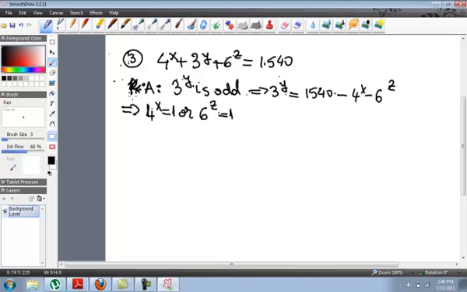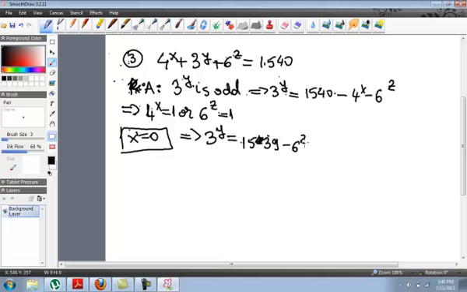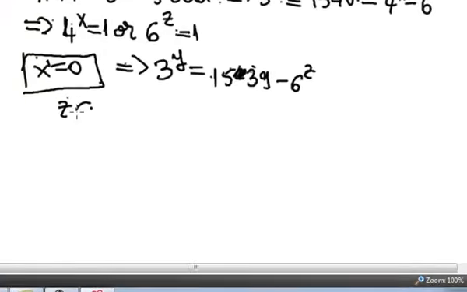We suppose that x equals 1, first case. In this case, we deduce that 3 to the y power is 1539 minus 6 to the z power. Well, z cannot be very large.